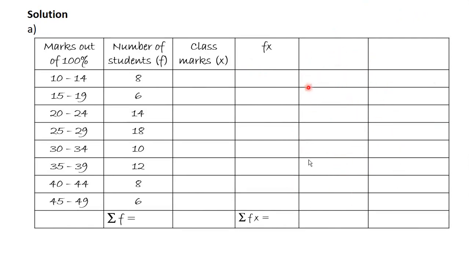That's why I've added these two columns. The table which was given is that, but we have added this. This is going to help us to get the median mark. So let's start by completing this table.